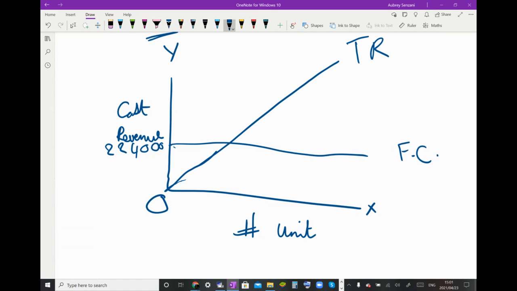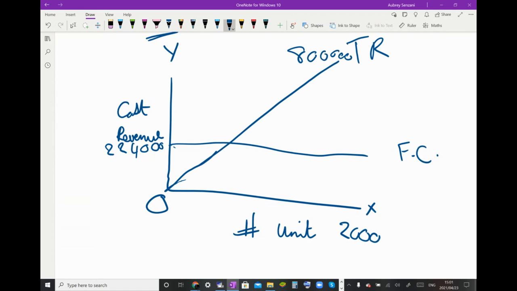But if we produce, let's see, 800,000 divided by 400, you're going to get 2,000. So if we produce 2,000 units, let's just say this is going to give us 800 in total revenue.